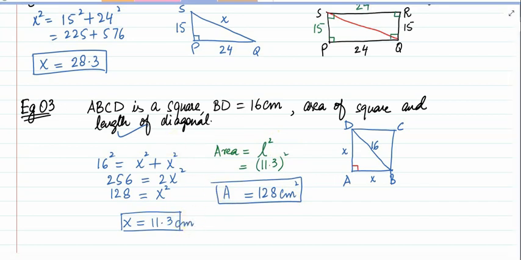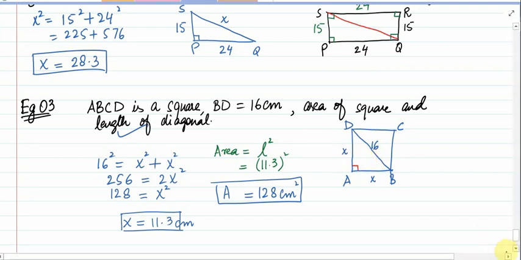If someone has a question why we cannot use 16 in length square, because 16 is not the length, 16 is a diagonal, and the working formula for a square is length square. Length is AB or BC or CD or AD. These are the 4 lengths. Diagonal is not the length we can take in our area formula, right?